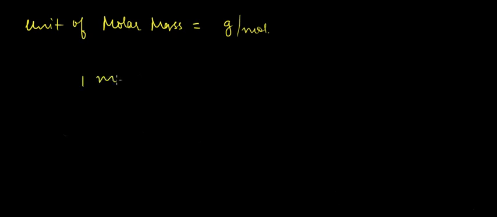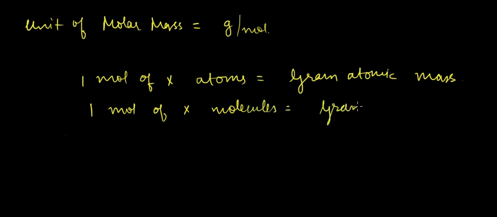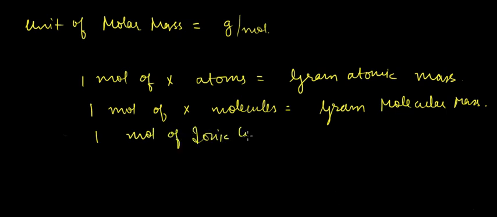We can just define that 1 mole of X atoms is gram atomic mass, 1 mole of X molecules is gram molecular mass, and 1 mole of ionic compound X is gram formula mass.